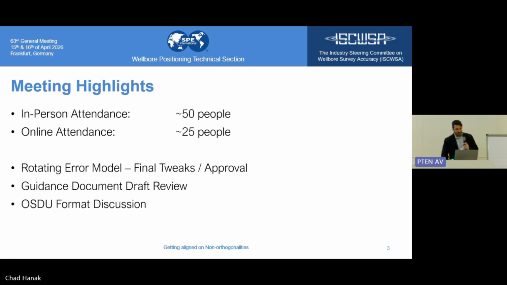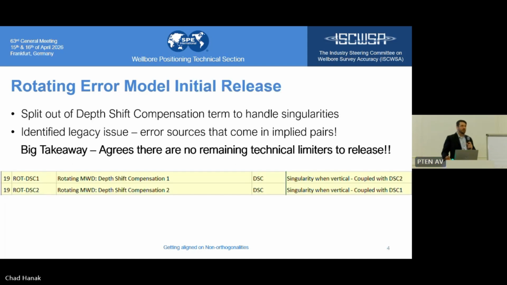updating the tool codes. So at this point, with the rotating 6-axis error model, we believe that we have gotten past any technical objections. Some of the final remaining things caused us to add one additional term, or technically split an existing term into 2 terms.